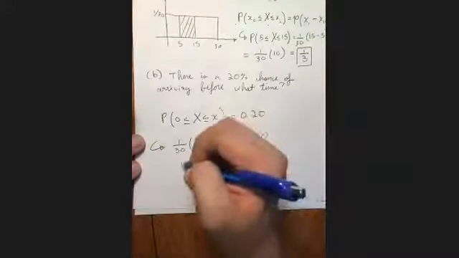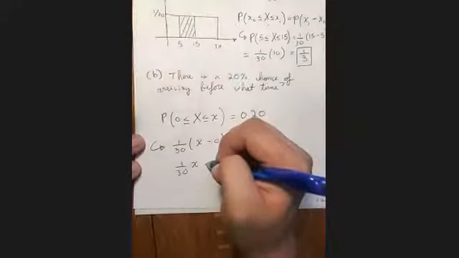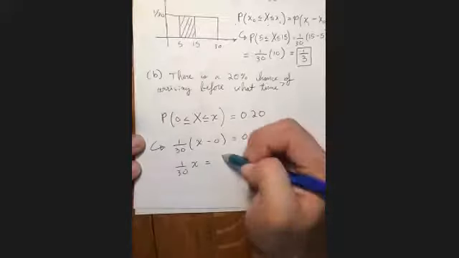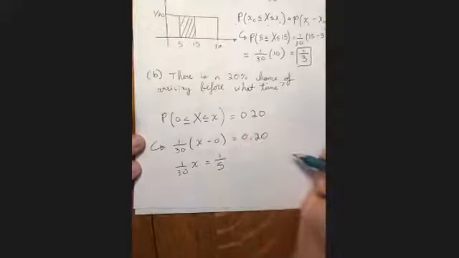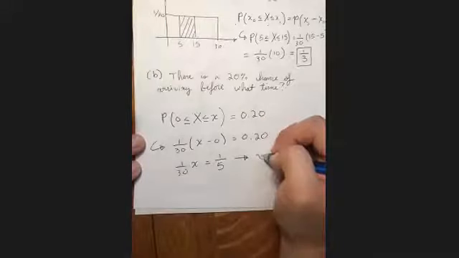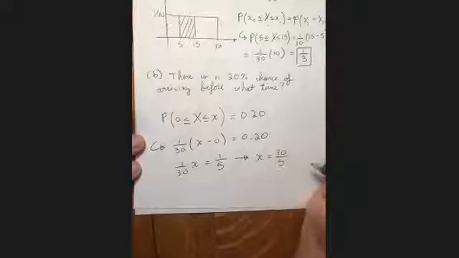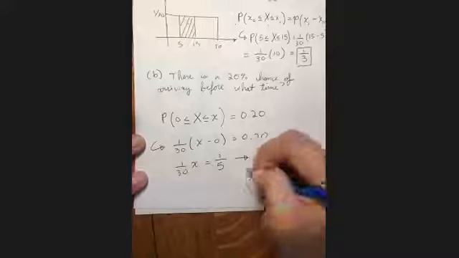So this simplifies to 1/30 x equals, and I'm going to go ahead and convert this into a fraction. So that's 1/5. That's 20%. So if we solve for X, it's going to be 30 divided by 5, which is 6.